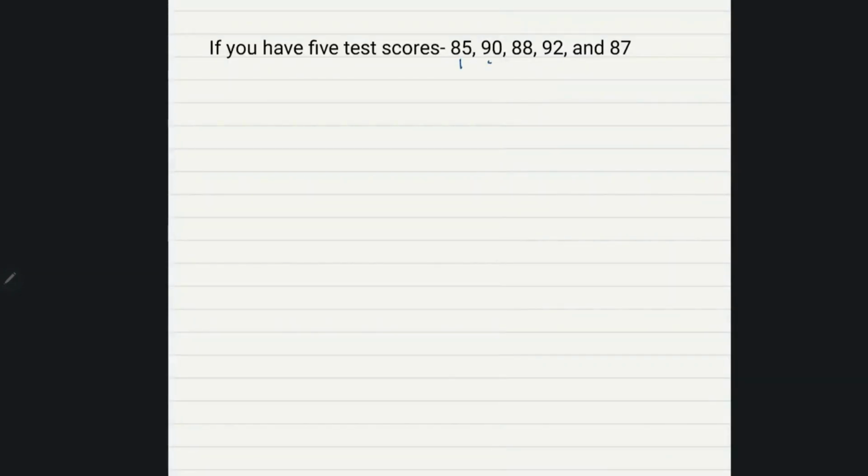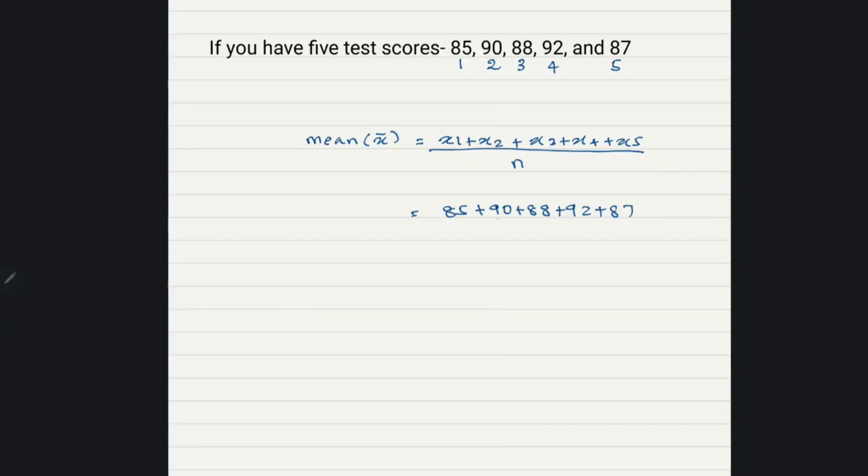If you have 5 test scores like 85, 90, 88, 92 and 87, when you want to find the mean, you have to add all these 5 numbers and divide them by the number of values, 5. So you add 85 plus 90 plus 88 plus 92 plus 87 and divide by 5.